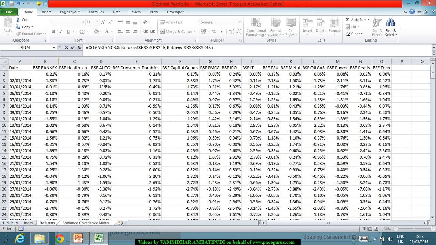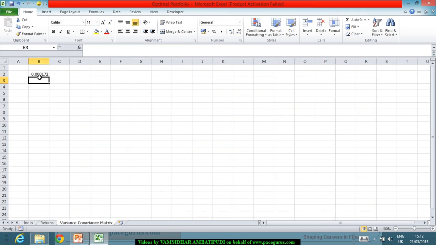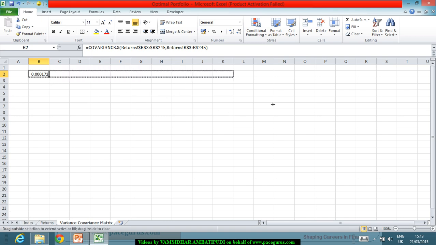If I freeze this here, but let's say I'm not freezing it here, then here I'll get it as a variance, but when I drag it across, I get the covariances.